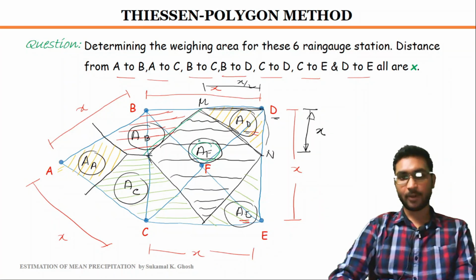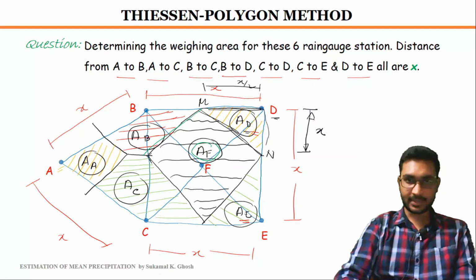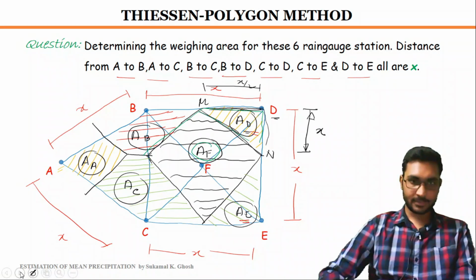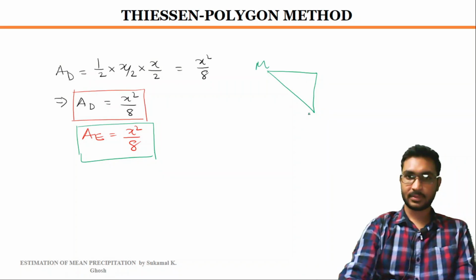One of the sides of this square is MN. So can we calculate this MN? Yes, we can. If we consider this triangle, M, D and N, then see, this is M, this is N and this is D.